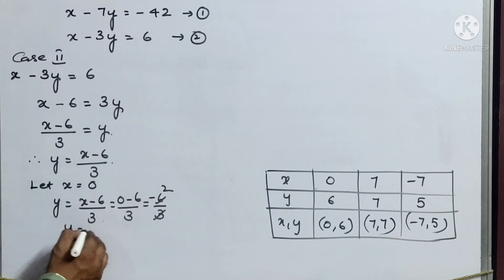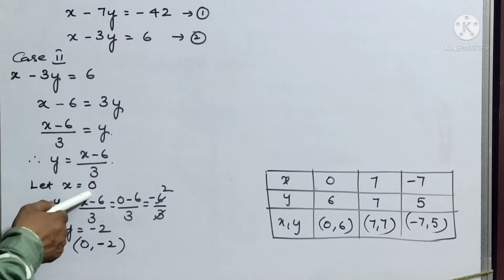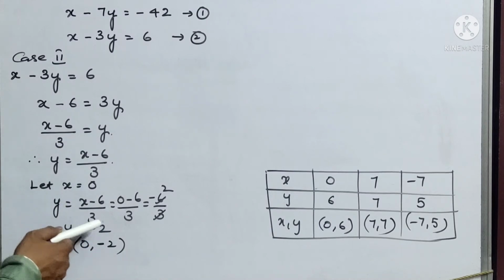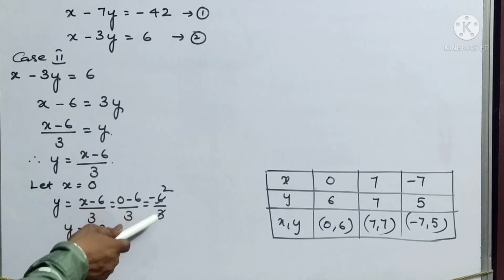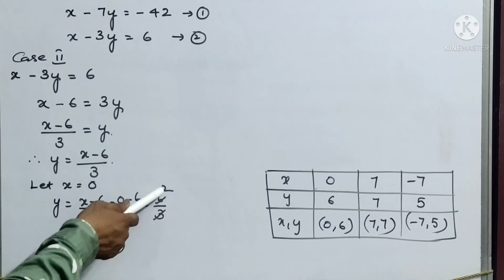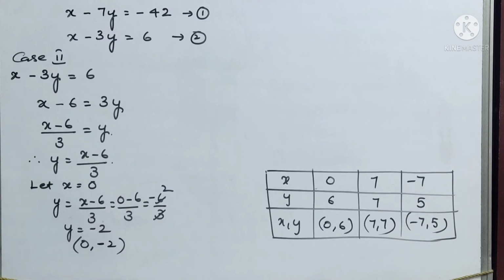So y equals minus 2. That means 0 comma minus 2.